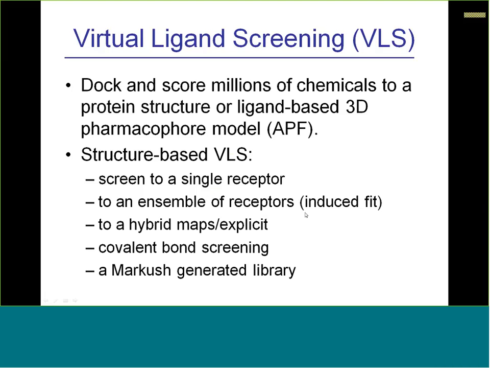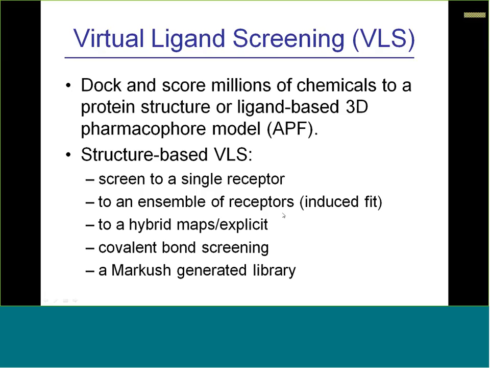Another way to incorporate a reasonable estimation of induced fit would be to have a hybrid map and allow explicit atoms to be flexible. For example, you could have a map of the receptor and allow the hydroxyls of serines and threonines to be flexible in those maps.